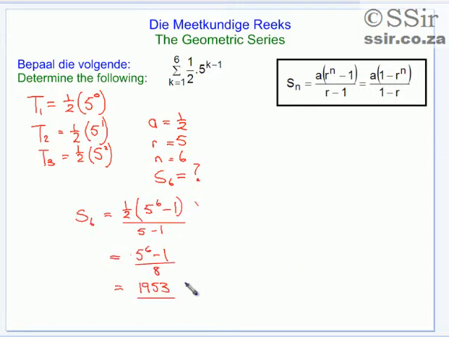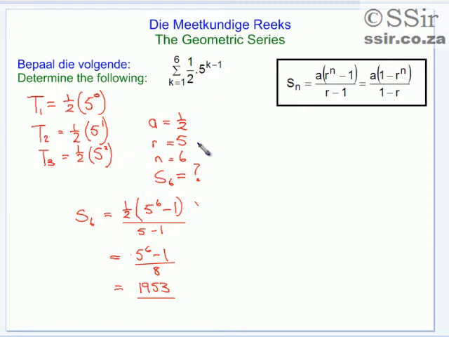When we substitute the values into our equation, then we get 1953 as the sum of 6 terms of this geometric series. From this sigma notation, we could write down the first 3 terms in order to determine whether this was a geometric or an arithmetic series.